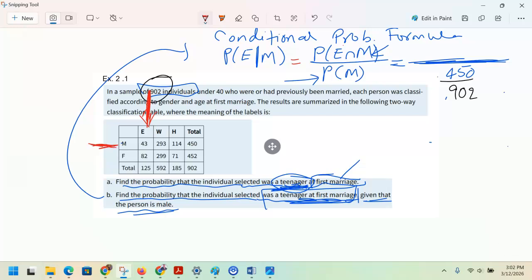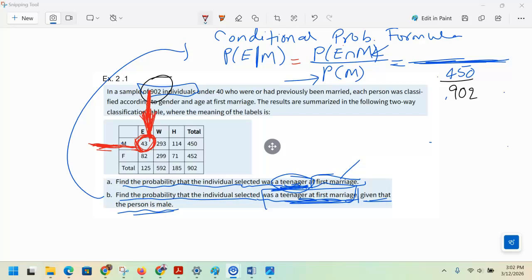So if you go this way, this is the number for individuals at the time of first marriage, and there were 43 males. So 43 males were in their 20s. I want you to understand this basically means 43 are males, and they are in their 20s.